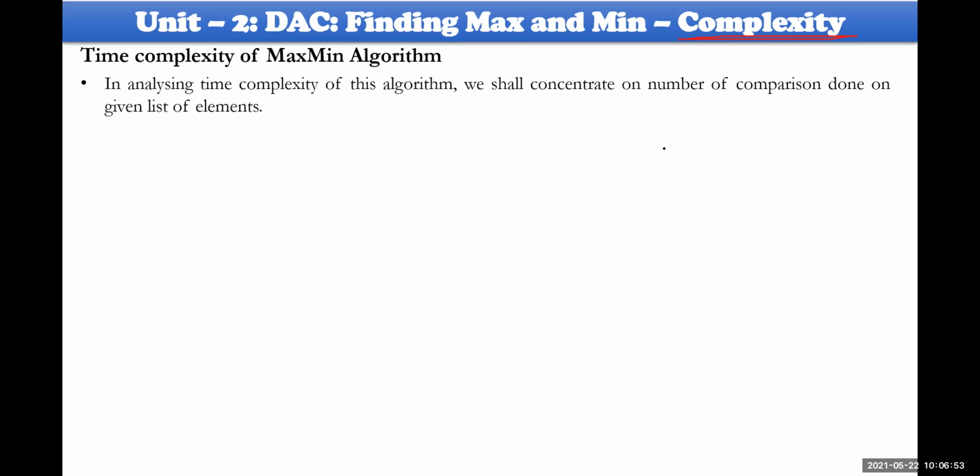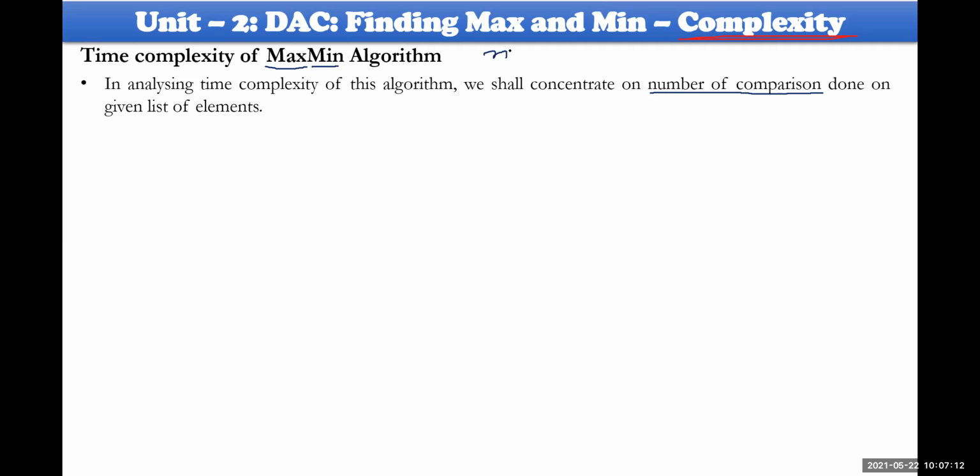Look at this. We are trying to explain the complexity or analysis part of the MaxMin algorithm here. Look at this time complexity. In the analysis of this time complexity, we must always concentrate on the number of comparisons rather than the number of other operations. The number of comparisons is very important because we are trying to specify maximum and minimum.